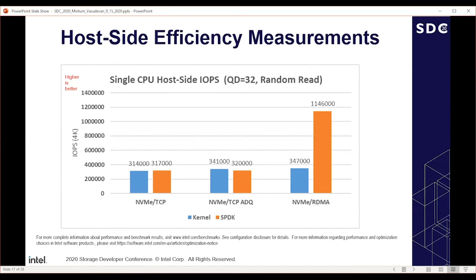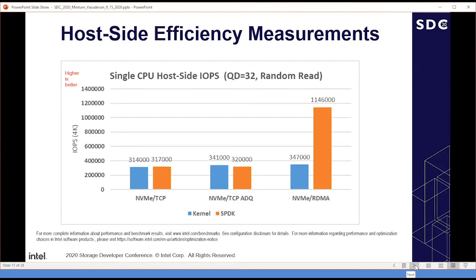It's the highest performance, but it comes with some caveats. Because it's all user level, if you were to put a file system in there, that file system would also have to live up in user level as well. So not all applications can take advantage of it, but for those that do, it's definitely the most efficient.